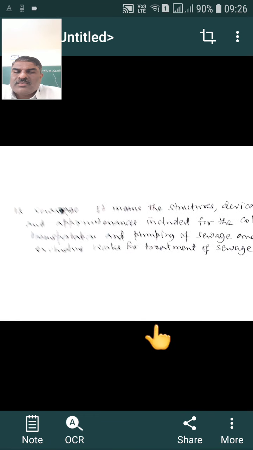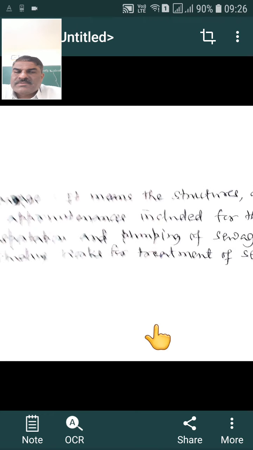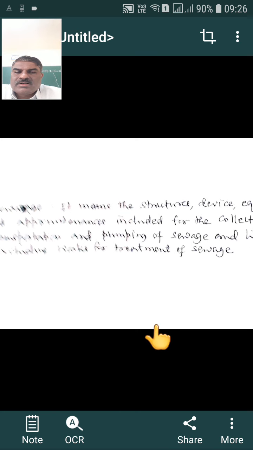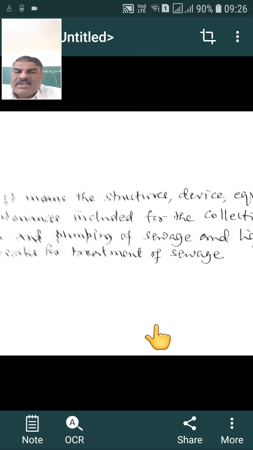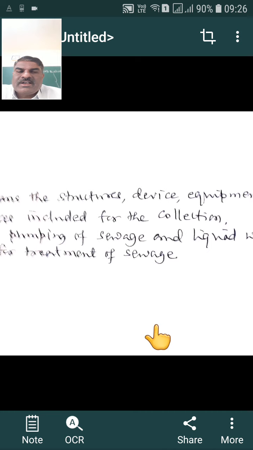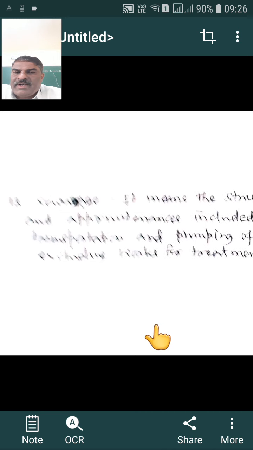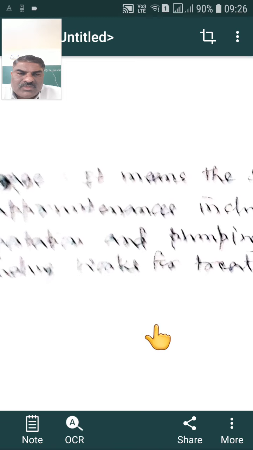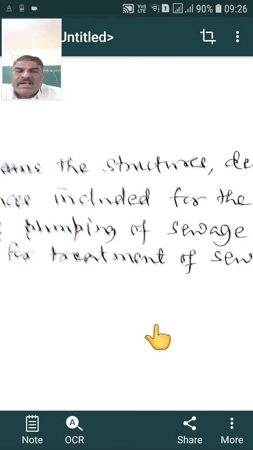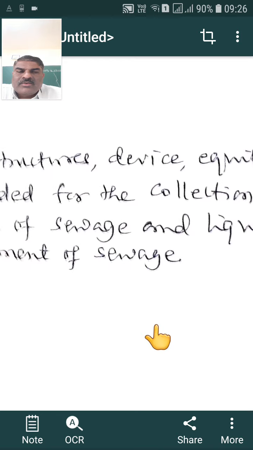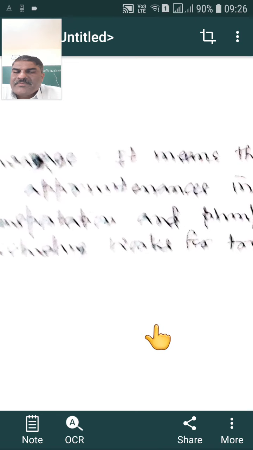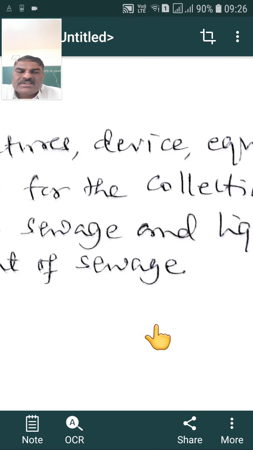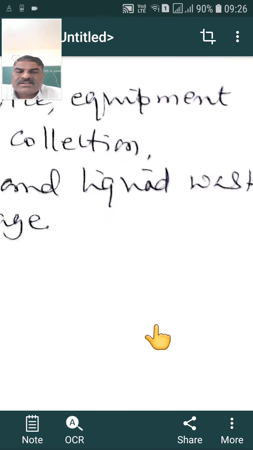Then coming to what is sewerage. It is important to note. It means the structures, devices or equipment that are all included for the collection, transportation and pumping of sewage and liquid wastes.